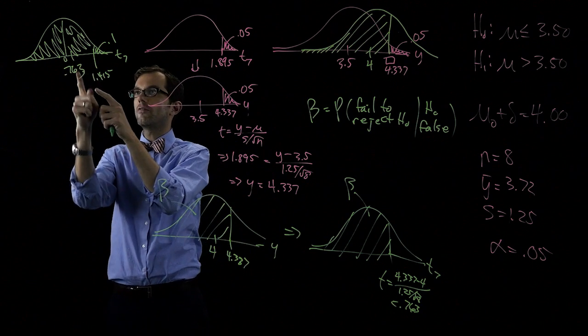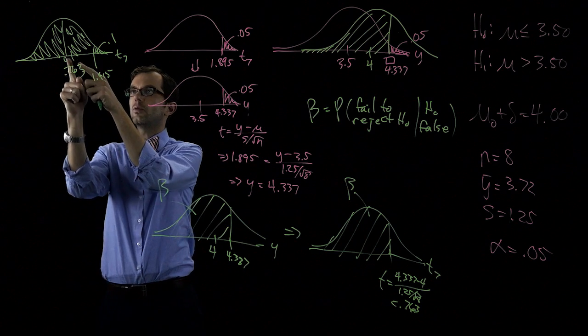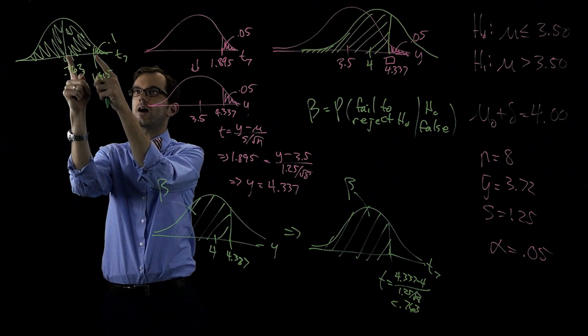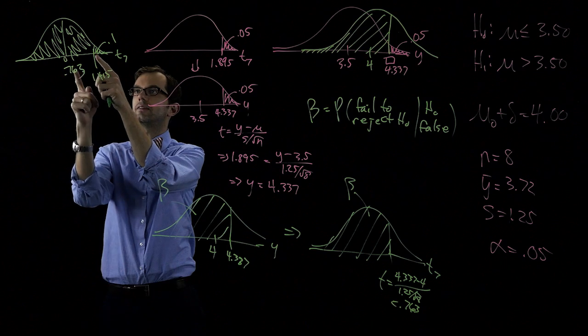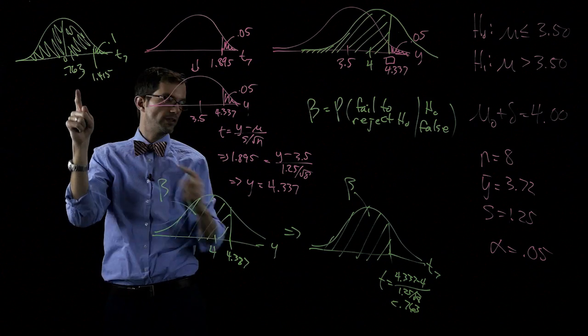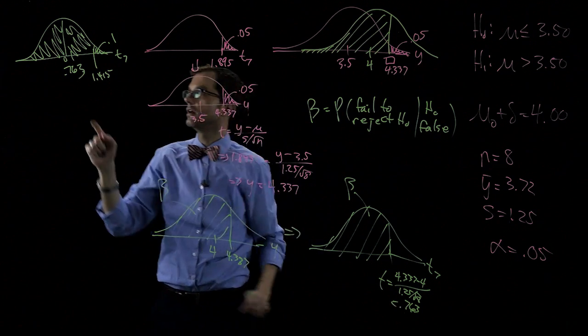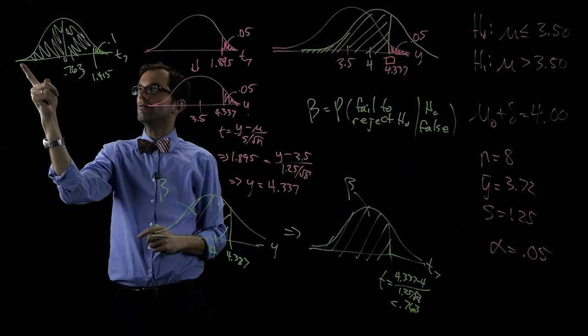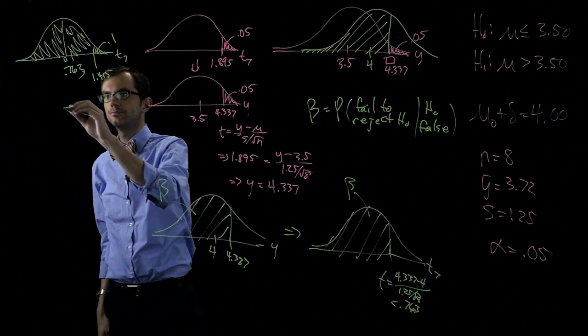Our value lies between 0 and 1.415. That must mean that the area below 0.763 is between 0.5 and 0.9.